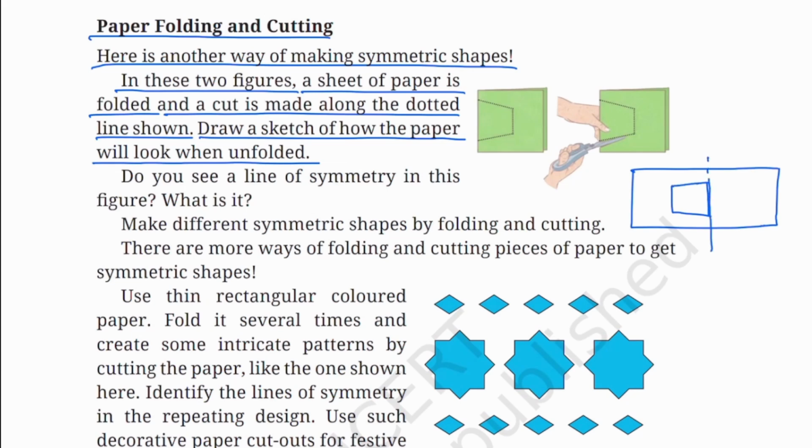This will be a line of symmetry. You will see a blank here at the darkened portion because, using a scissor, this has been cut out.